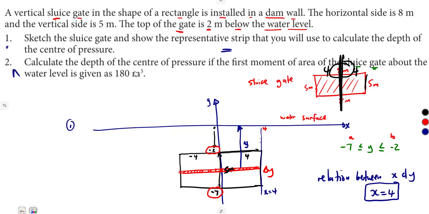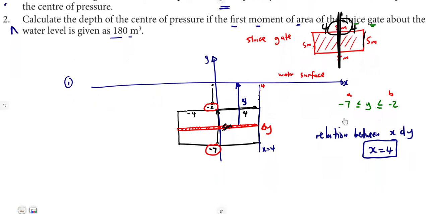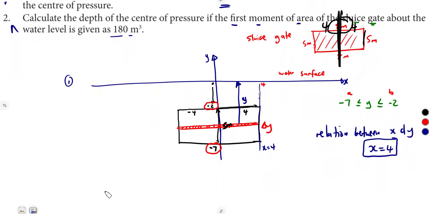Then calculate on number 2, the center of pressure, if the first moment of area of the Solus gate about the water level is given as 180. So we are already given our first moment of area. What we need is to find the depth, which we do not know, but we are given that our first moment of area is 180.